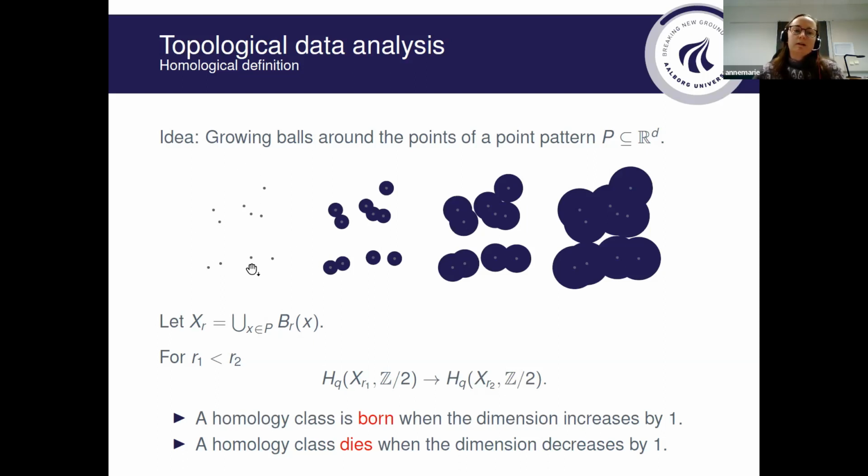If these points are in general position, which they will be with probability 1 for all the point patterns I will look at, then the dimension of these homology groups can only jump by 1 at a time. When it increases by 1, we say that a homology class is born, and we say that a homology class dies if the dimension decreases by 1. If you're a bit careful, you can pair these birth and death times, so you can talk about the birth and death time of a homology class.